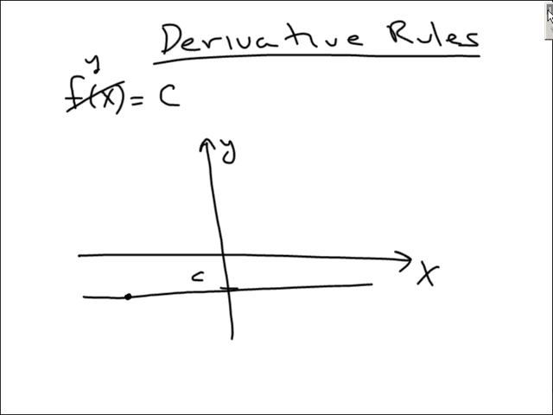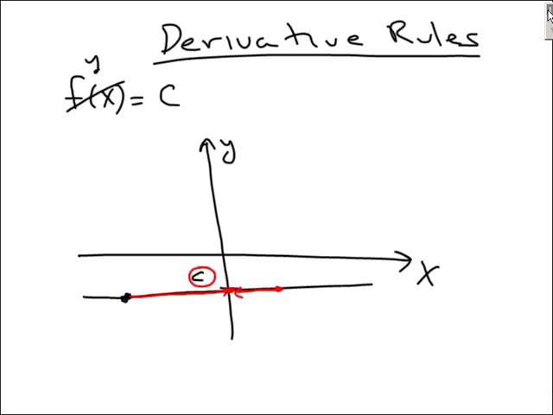Why is that true? With any point on this line, if you look at the y-axis, what do you see but good old c? Right there is c. Right there is c. If you pick this point, you look to the y-axis, there's c. Y is always c.